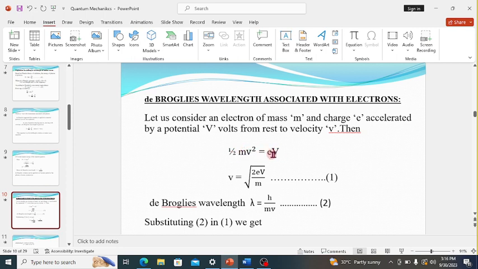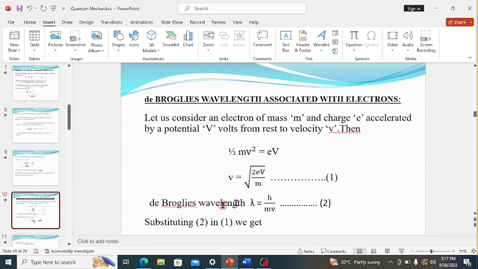Next, this m also this side, I'll get 2eV by m. So v square is equal to 2eV by m. So I can write v is equal to square root of 2eV by m. This is equation number 1. This small v represents velocity. This capital V represents potential, voltage.